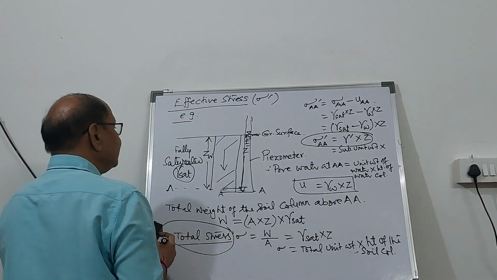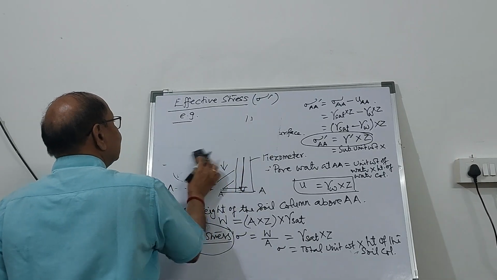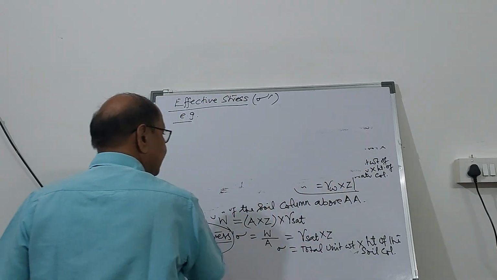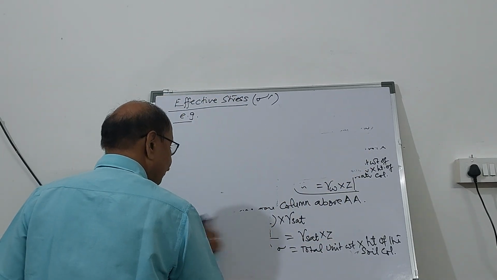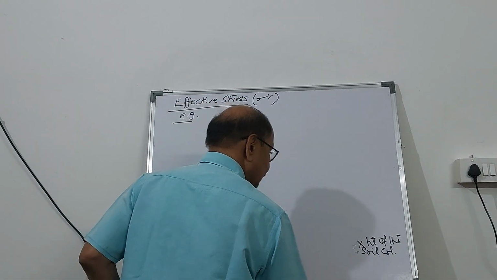Say the ground condition could be like this also. So this was one of the conditions where you can find the effective pressure at any point.